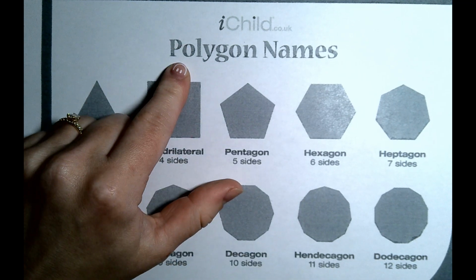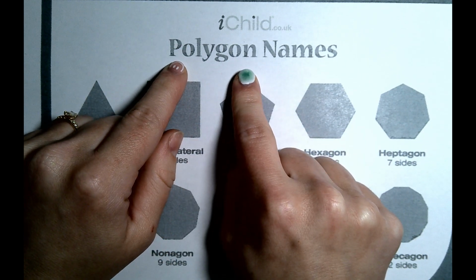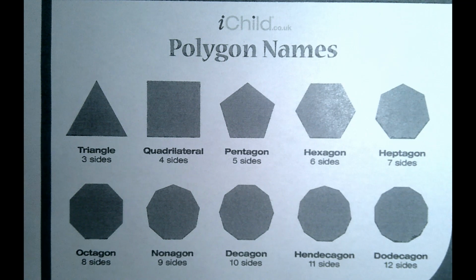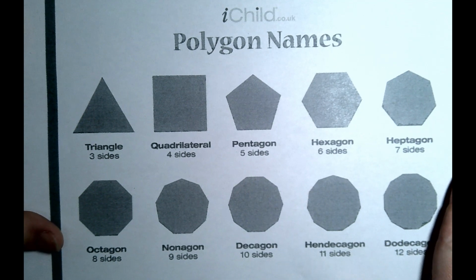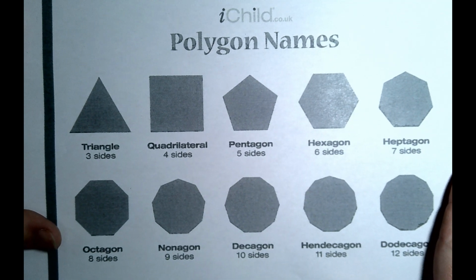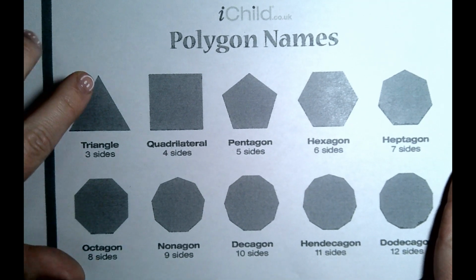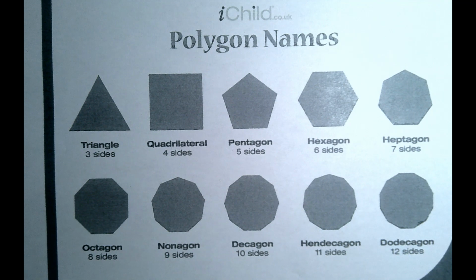A polygon is just a fancy word for a closed shape. There are no openings. And I believe, I need to double check this, I believe polygons only can be made up of straight sides. So a circle, I don't think that's a polygon. I think that's its own thing. But we'll get into that later.